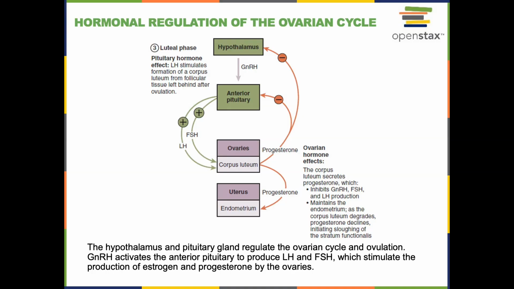Progesterone has a negative feedback effect to decrease the levels of GnRH, LH, and FSH that are being produced. As the negative feedback causes declining levels of luteinizing hormone, progesterone levels will decline and stimulate the transition to menses, initiating the sloughing off of the stratum functionalis, the inner layer of the endometrium in the uterus.